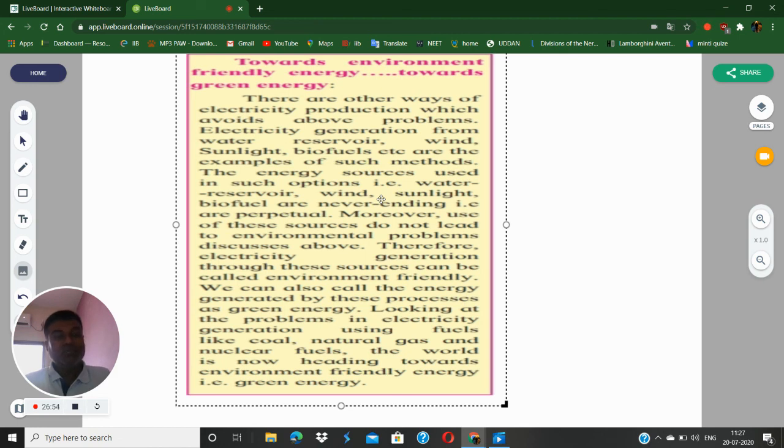Yes, those are not applicable for conserving the environment there. They are somewhat creating disturbance to the environment there. Okay. So all the points are related to towards green energy. Towards green energy. Comparatively we have learned here.